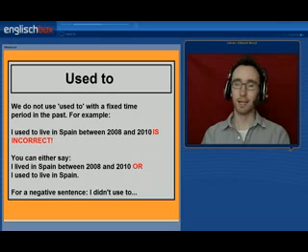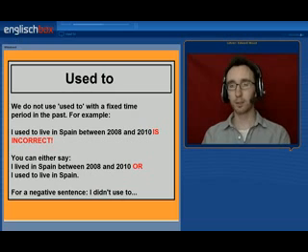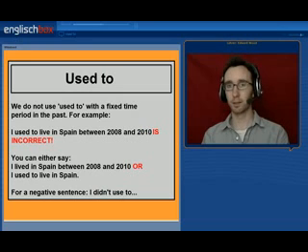We would say, I lived in Spain between 2008 and 2010, or simply, I used to live in Spain without any time expression. In negative, we say "I didn't use to". Notice there is no D after "use". So not "I didn't used to", but "I didn't use to".